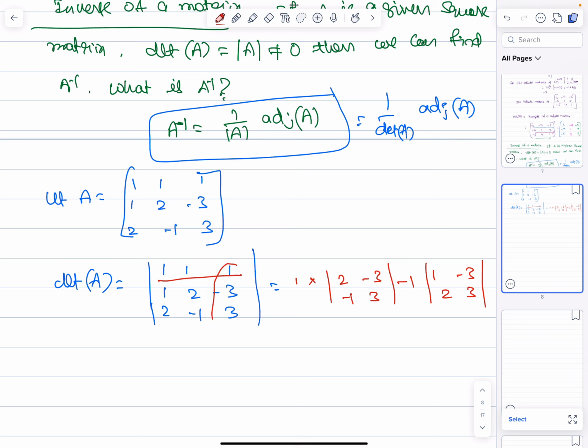Therefore, if you drop this also, you are left with 1 into plus 1 into 1 2 2 minus 1.